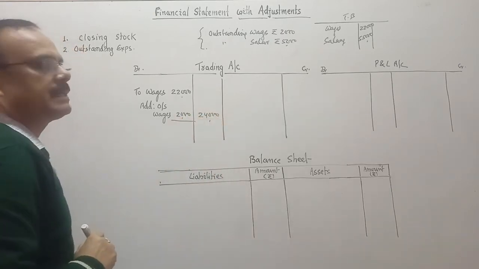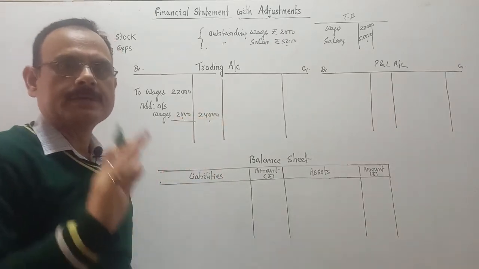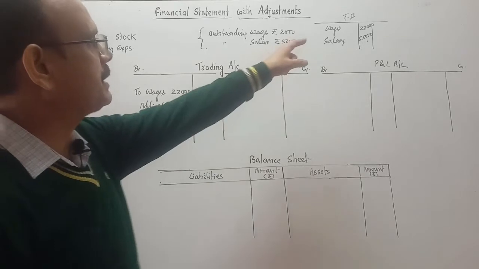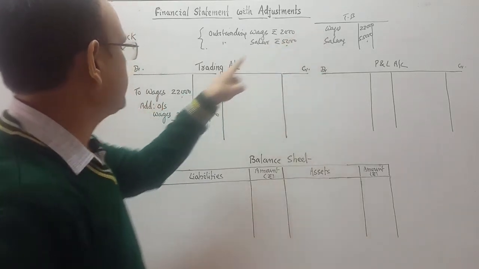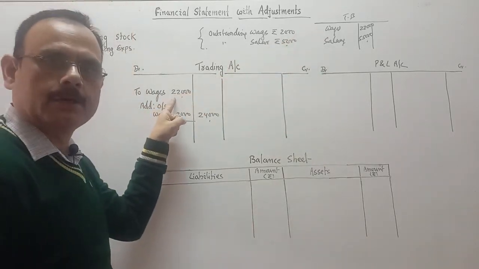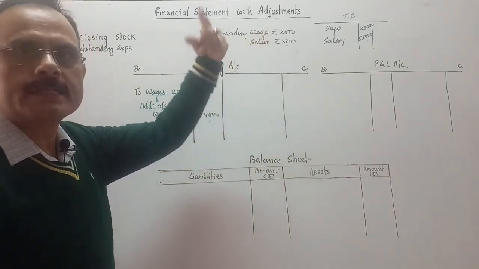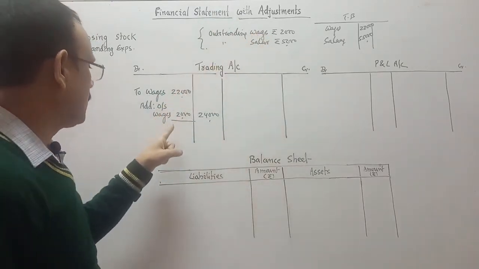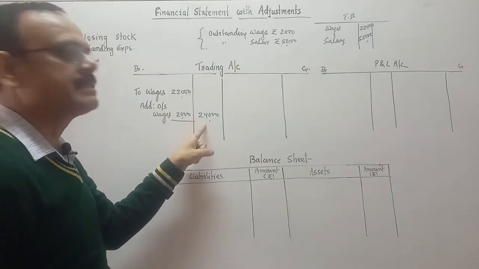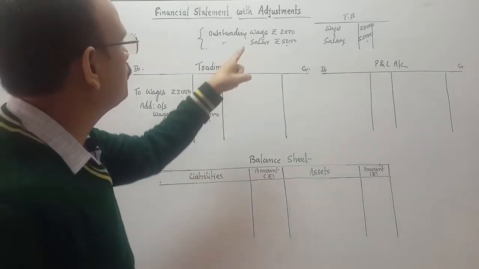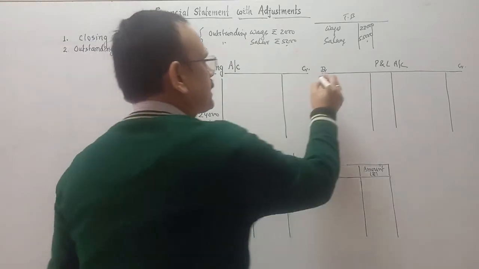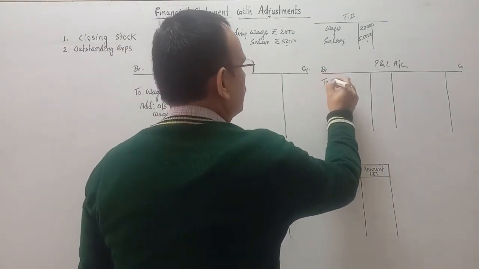We know wages is shown in the trading account, as it's a direct expense. So wages given in the trial balance you write in the inner column, and the outstanding wages given outside the trial balance you add, giving the total wages. Same thing you do with salary. Salary is an indirect expense and is shown in the profit and loss account.